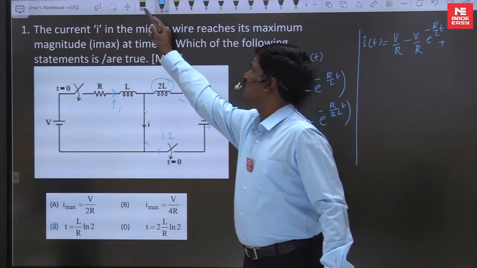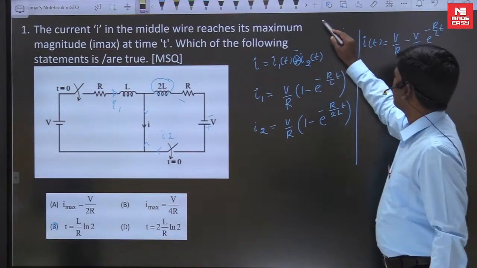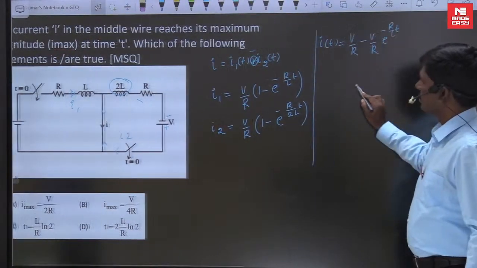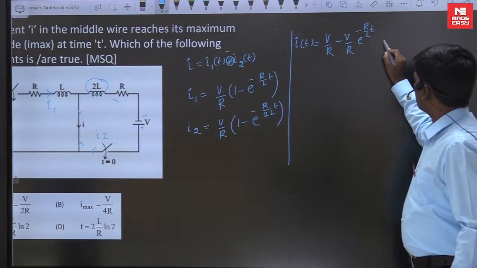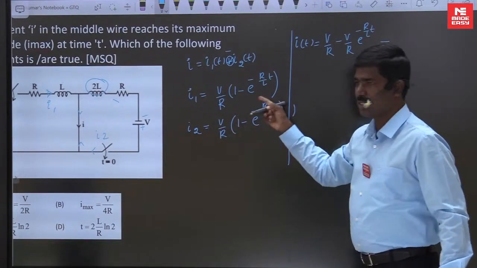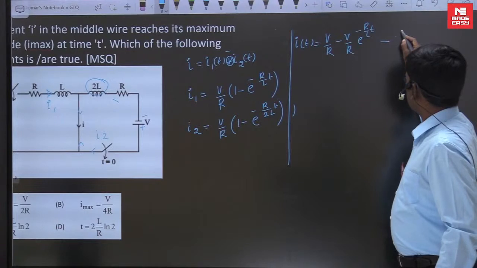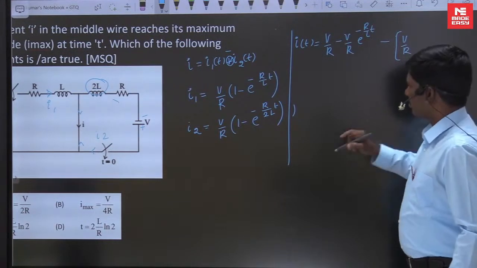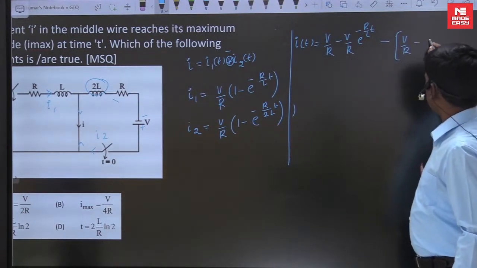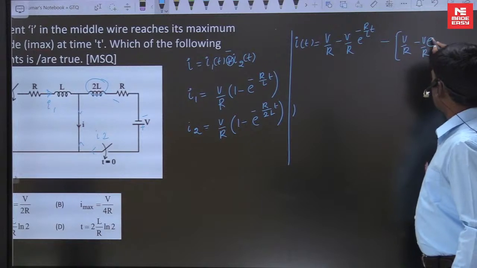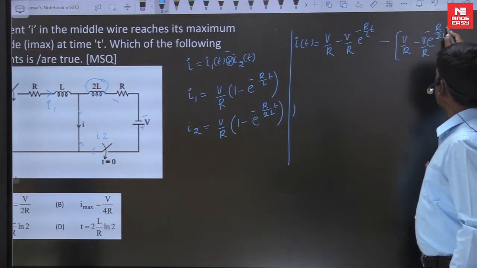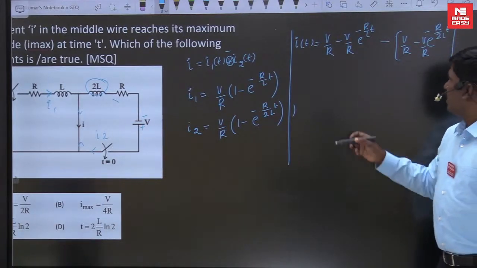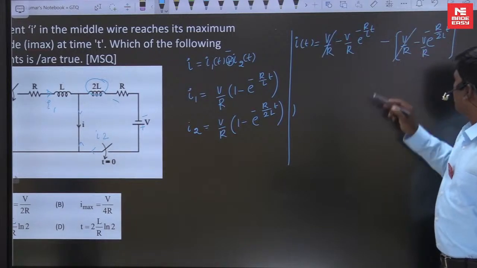You know the I2 expression, so minus of this I2 expression. Minus of V by R is minus V by R, and minus into minus gives plus V by R into e power minus R by 2L into T. This is the total expression of I of t. In this, V by R gets cancelled.